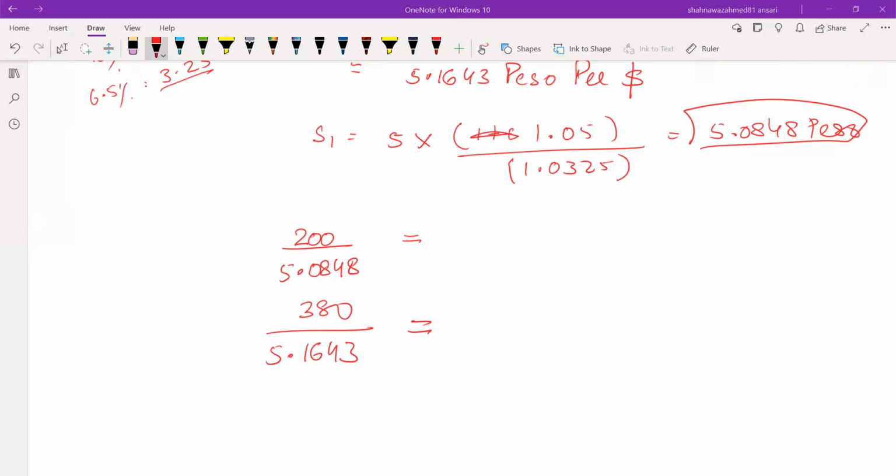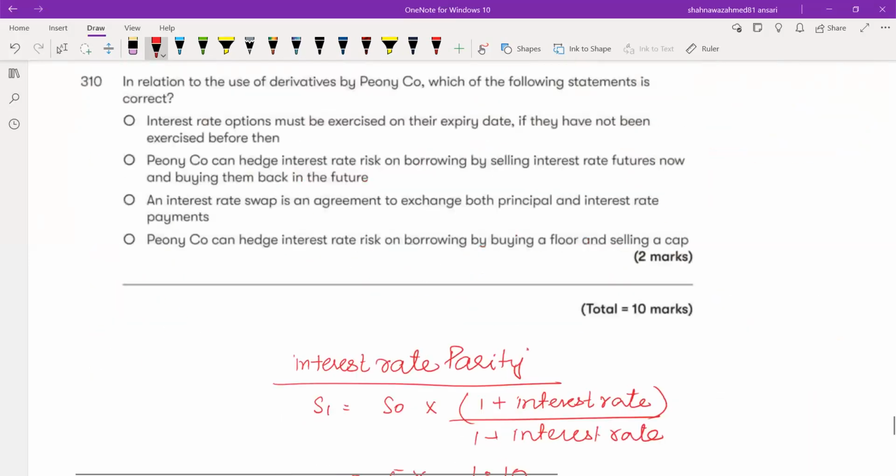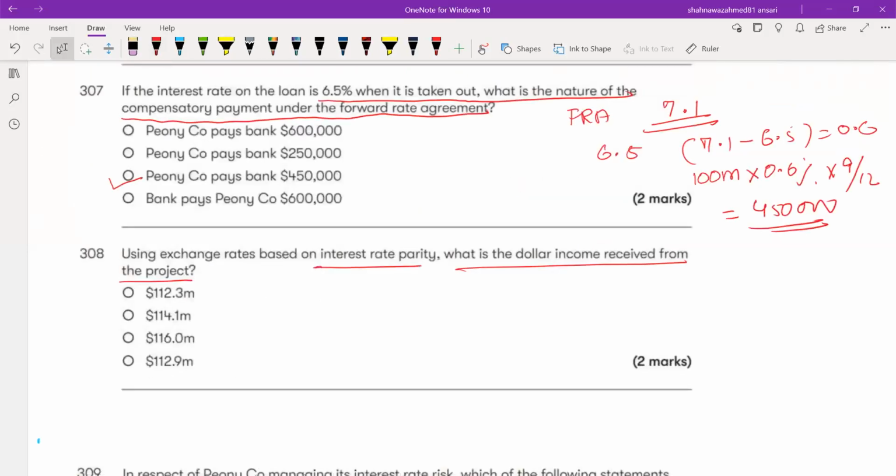So 200 divided by 5.0848 is 39.33. And 380 over 5.1643 is 73.58. And this is the total amount: 39.33 plus 73.58 is 112.91. So up to one decimal, it's 112.9. Answer is D.